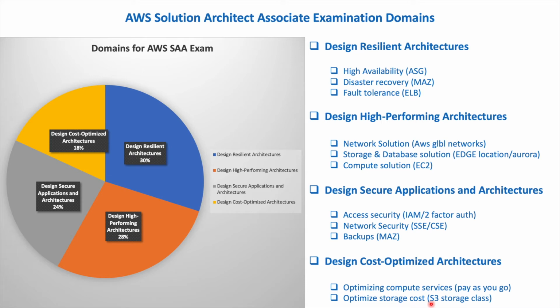Next is AWS storage cost. In S3, we have different types of storage classes. We can smartly use those storage classes to reduce our cost.